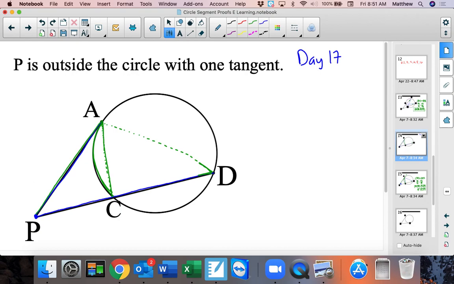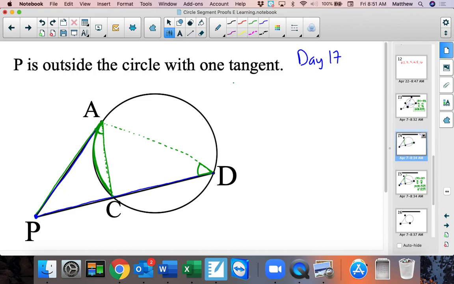We learned a couple of weeks ago with this inscribed angle and this arc, those are both the same. So we can actually say that this angle right here, PAC, is congruent to this angle right here because they both create this arc AC.